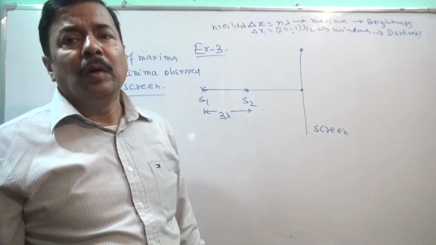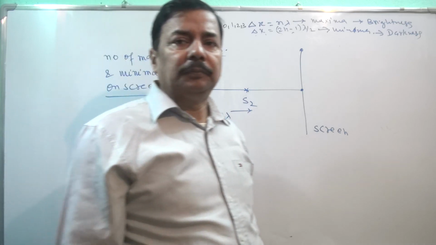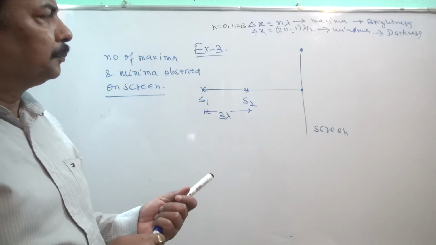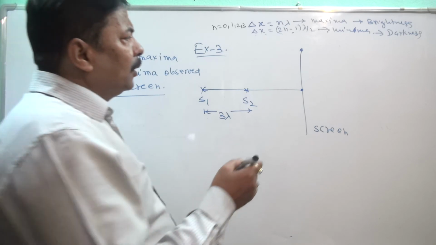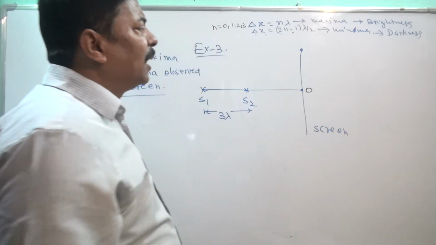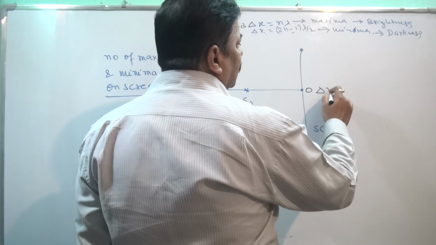Pause the video, do it by yourself and then see the solution. In this question, if we want to calculate at this center O, or take it as point P, what is the path difference delta x?